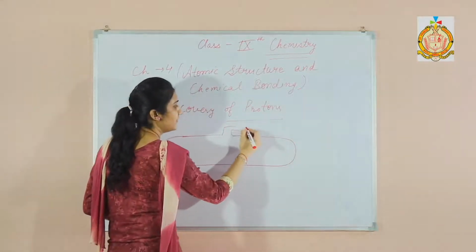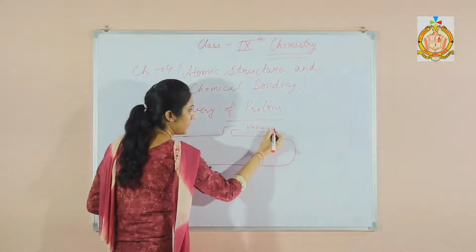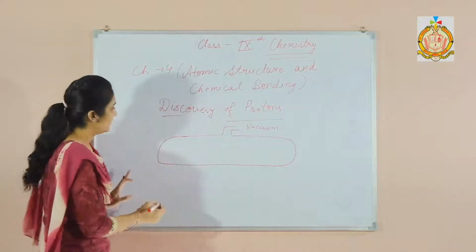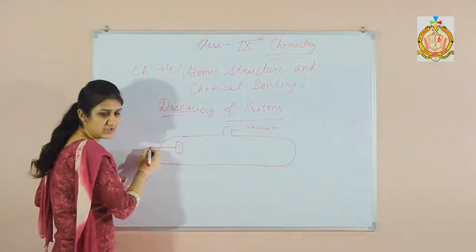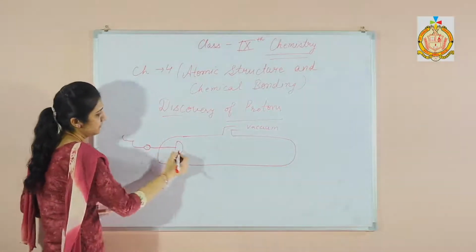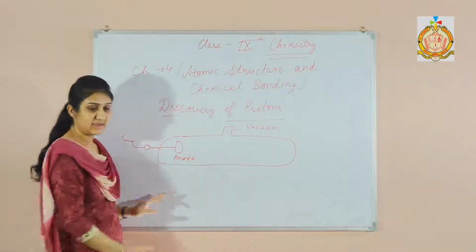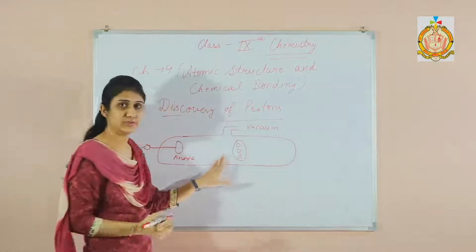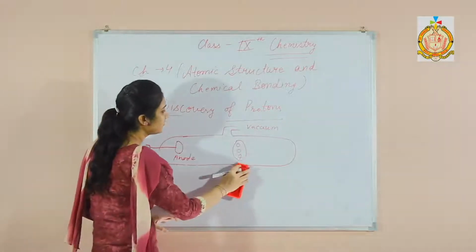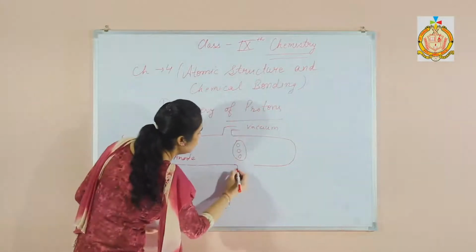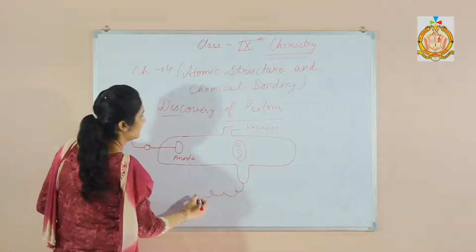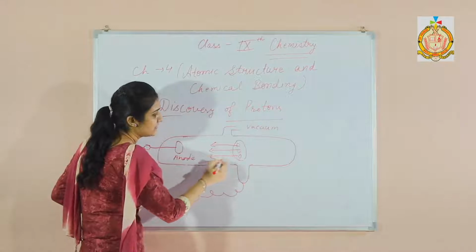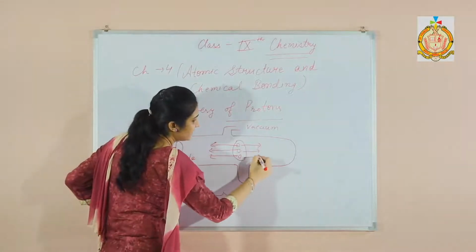He connected it to the vacuum, and the pressure is taken very low and the voltage is taken very high. And if there is an anode, and he took a perforated cathode electrode here, then he observed that some rays were emitting from this side as well as from the opposite side.